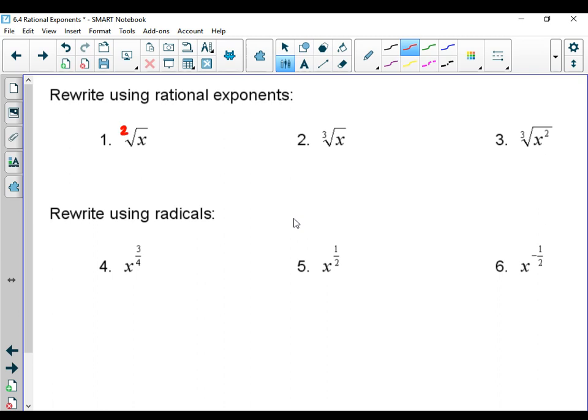And if nothing's written as an exponent, what is that? 1. So if I'm rewriting this, I do my exponent over my index. So x raised to the 1/2 is the same thing as the square root. Okay? Go ahead and try the other two.